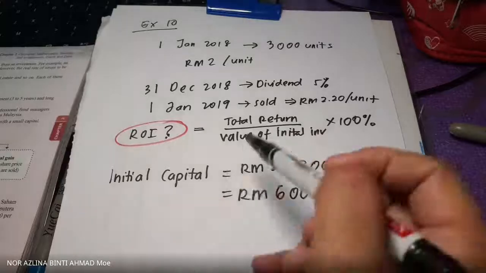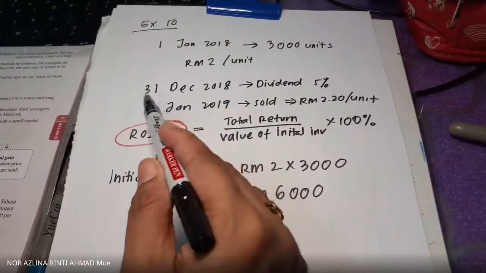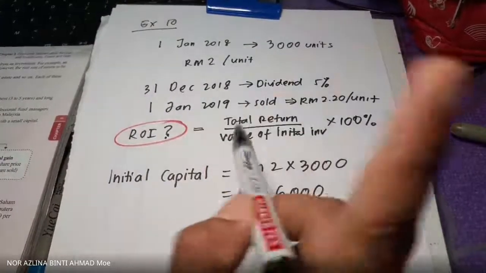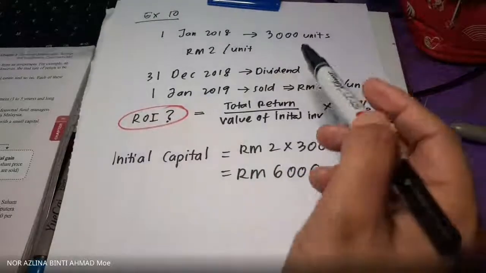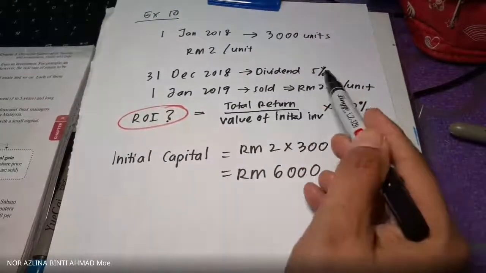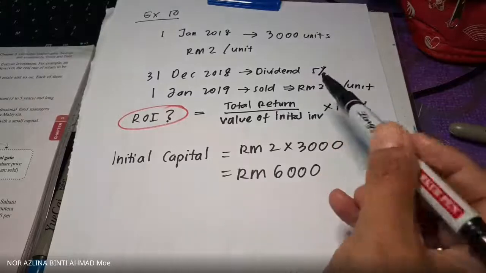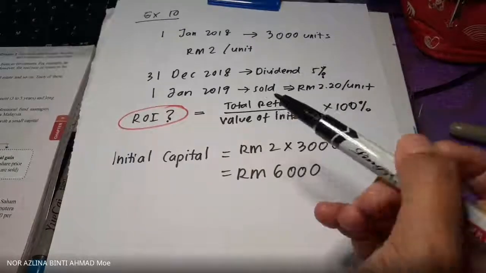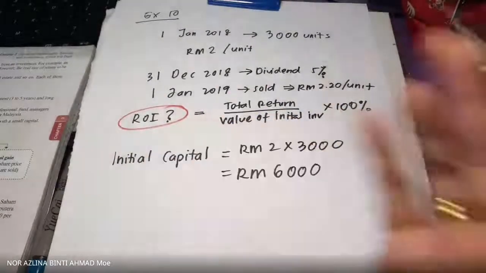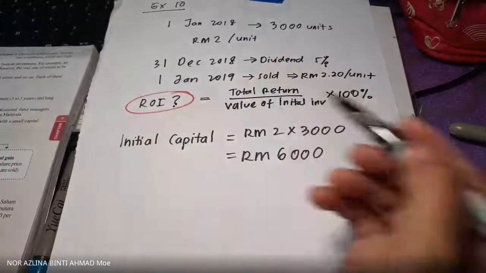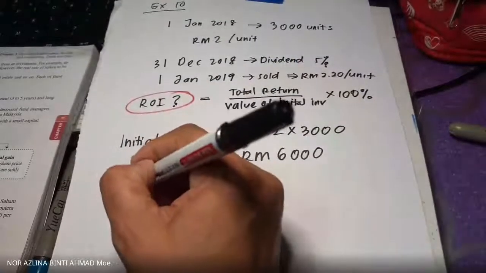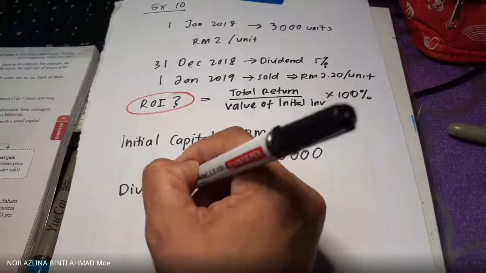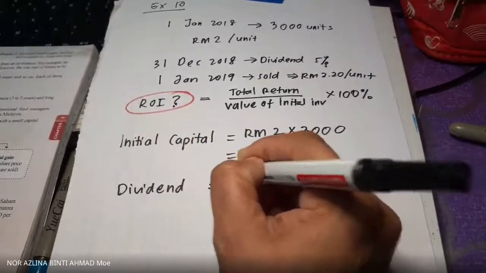Kemudian pada setahun yang pertama, so 31 December 2018, maknanya tempoh 1 tahun, she get dividend 5%. Okay, dividend ni dia macam lebih kurang interest lah, maknanya dapat duit. Dia dapat lebih duit. Bonus lah, bonus. So dividend 5%.